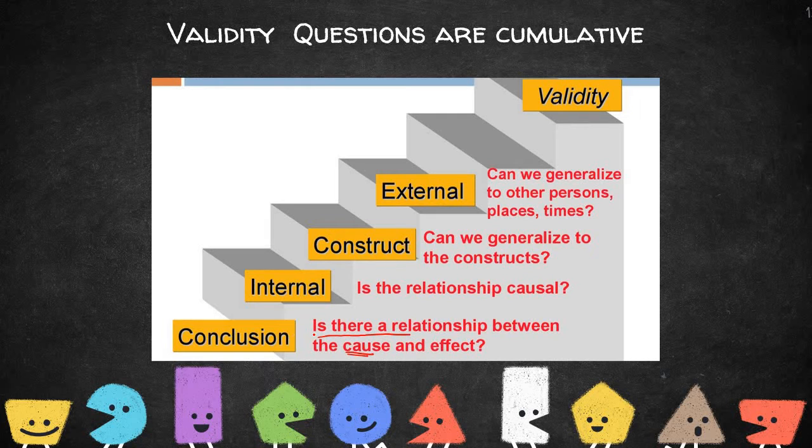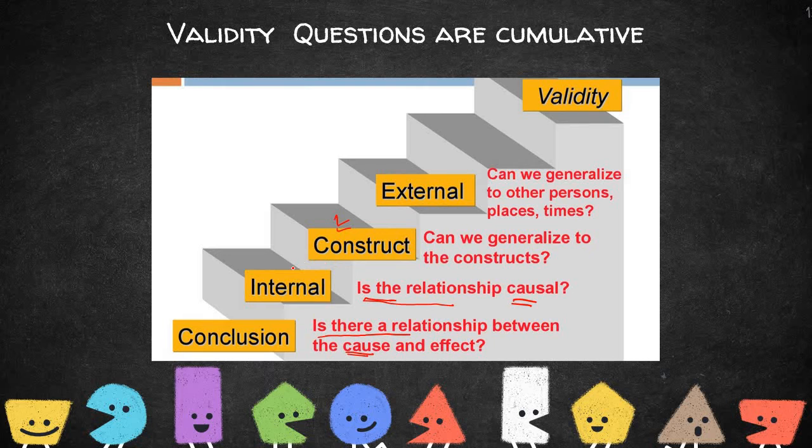Establishing that there is a relationship, we climb one step up and arrive at internal validity, where we ask whether that relationship is causal or not. Then we move to another step, which is construct validity, where we ask whether we can generalize to the construct.